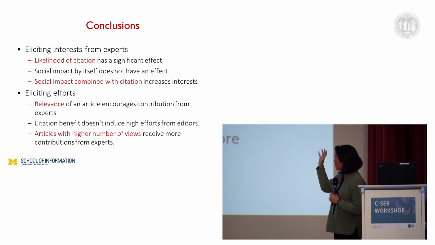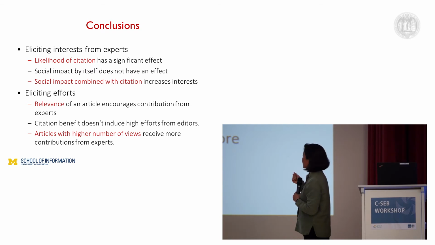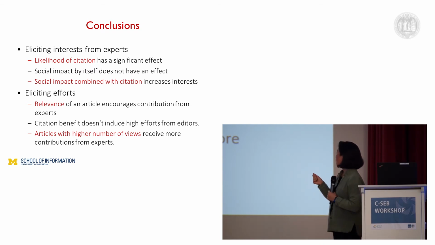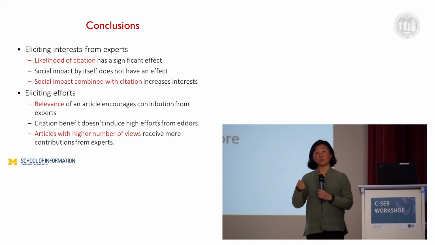Once we go beyond the first stage, in terms of effort, the relevance of an article can encourage contribution from the experts. And articles with a higher number of views also receive more contributions from the experts. So at that point, when you're in the second stage, what you're trying to trade off is, of these 6 articles, which one should I be commenting on?